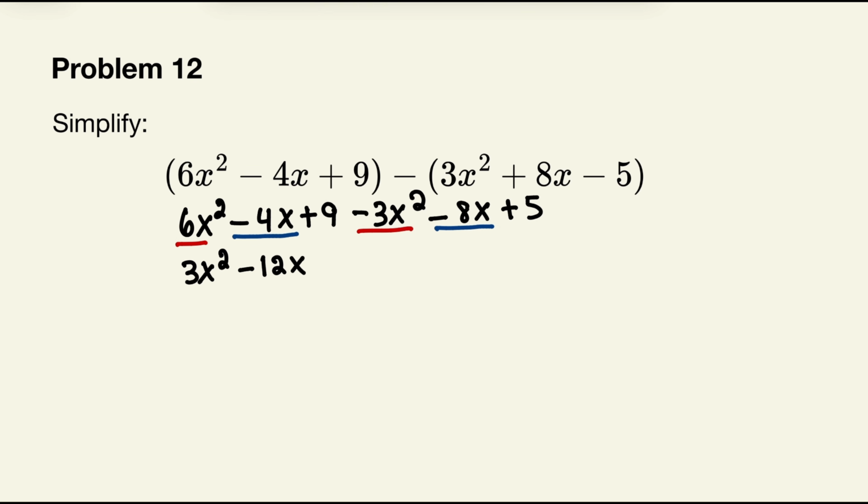Finally, we have positive 9 and positive 5, which is equal to positive 14. So the final answer is 3x squared minus 12x plus 14.